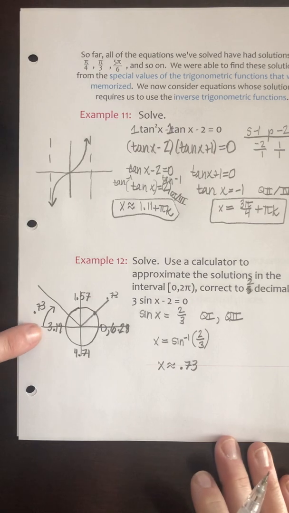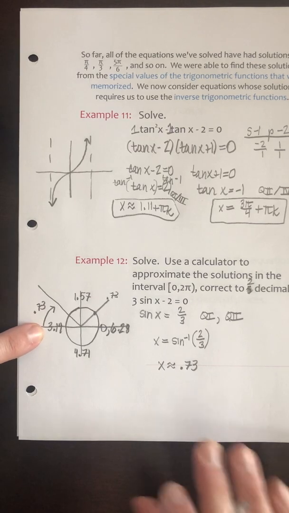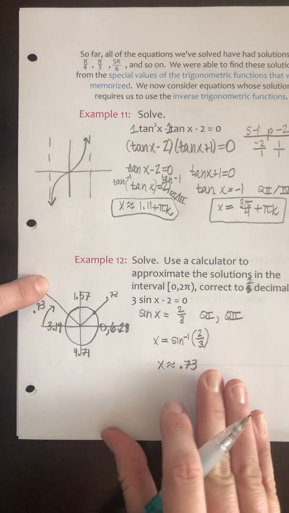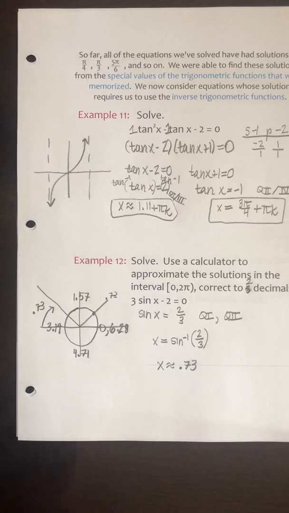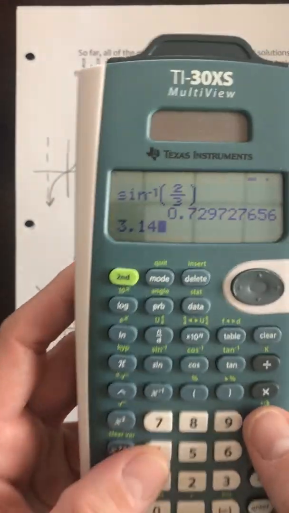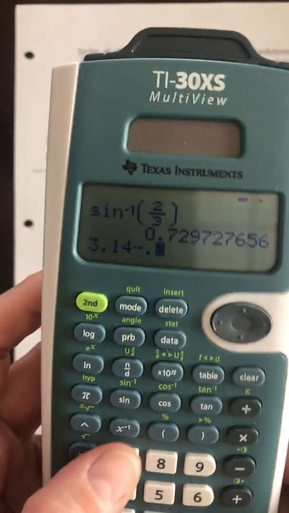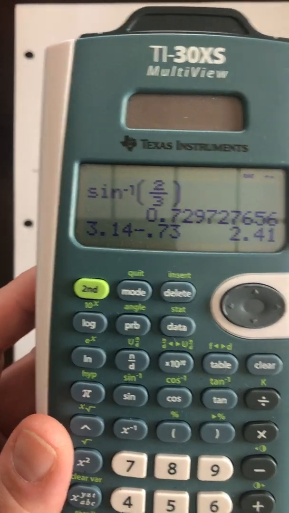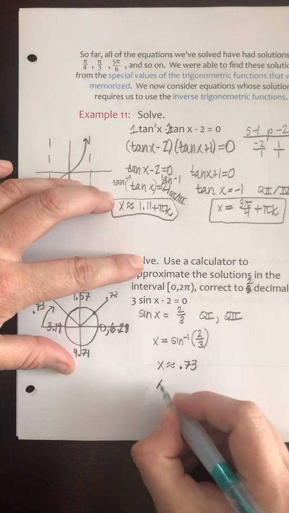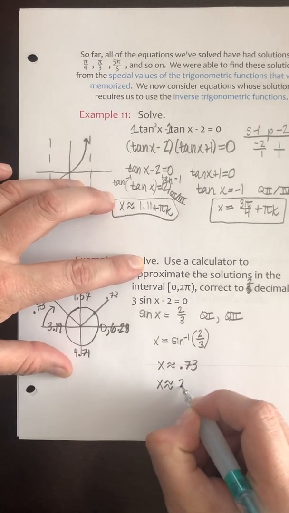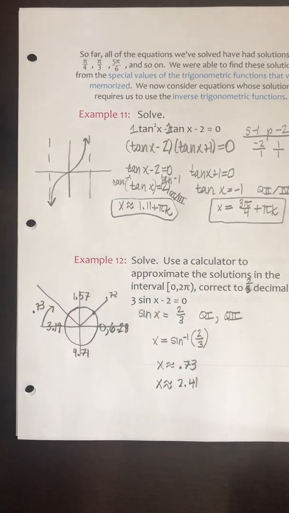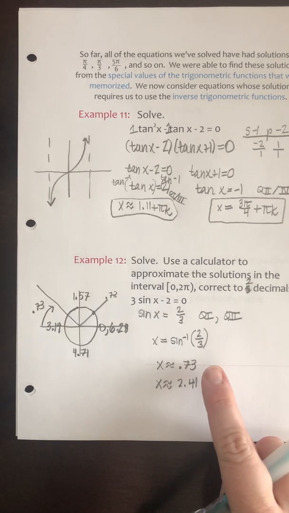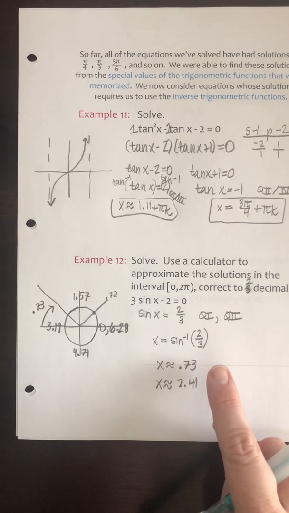So remember, I have to start here at 3.14 and subtract that 0.73. So I'm going to do 3.14 minus 0.73, and now I have a quadrant 2 answer of approximately 2.41.